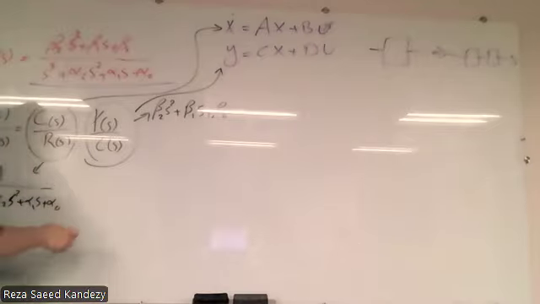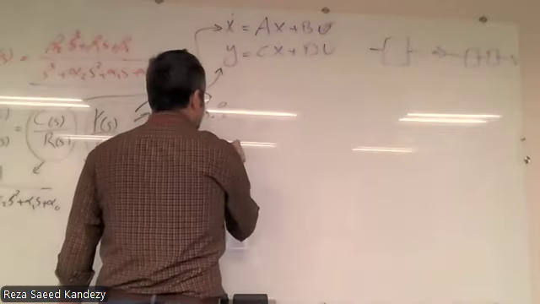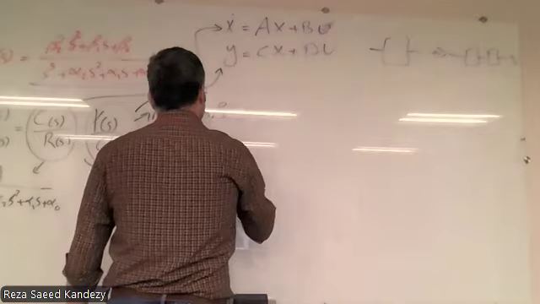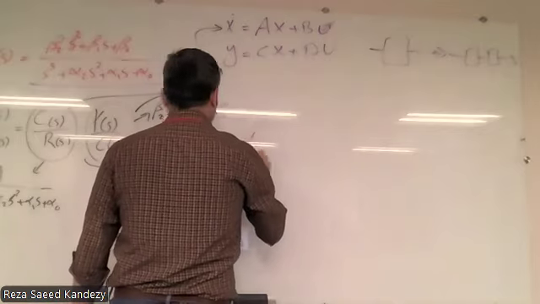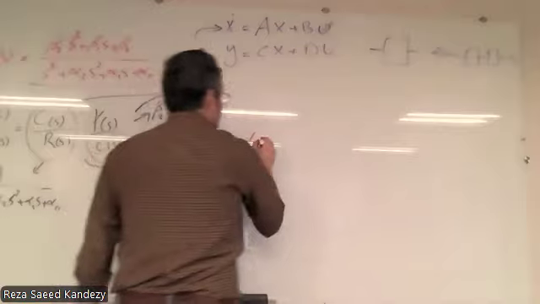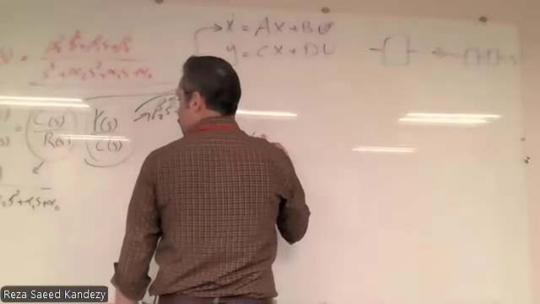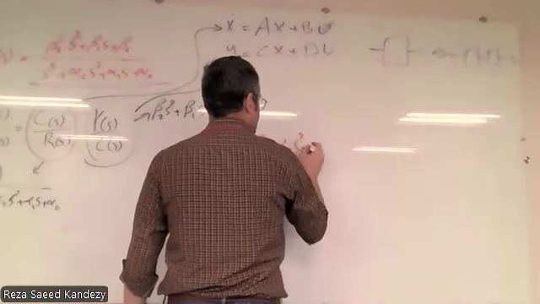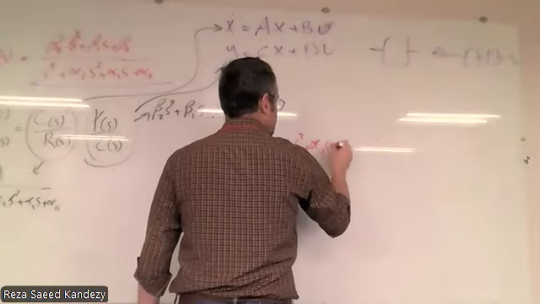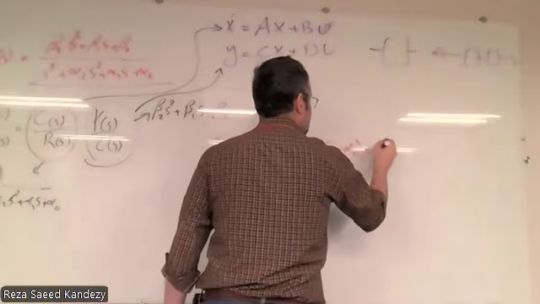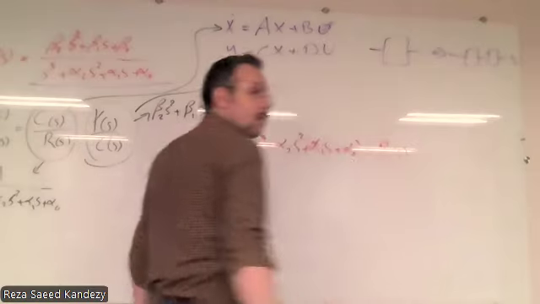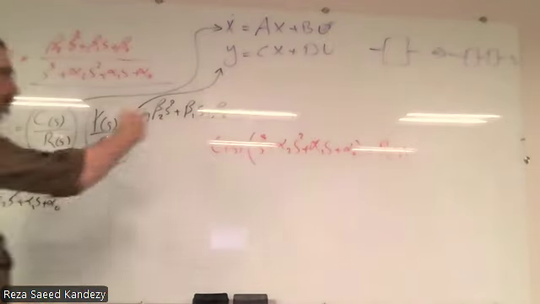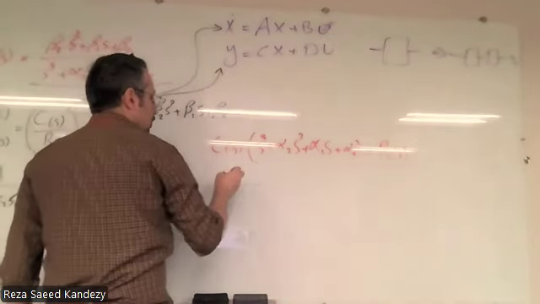Easily you can see that the C(s) times the denominator s cubed plus alpha 2 s squared plus alpha 1 s plus alpha 0 is equal to the R(s). Very good. Now let's then do the time domain.